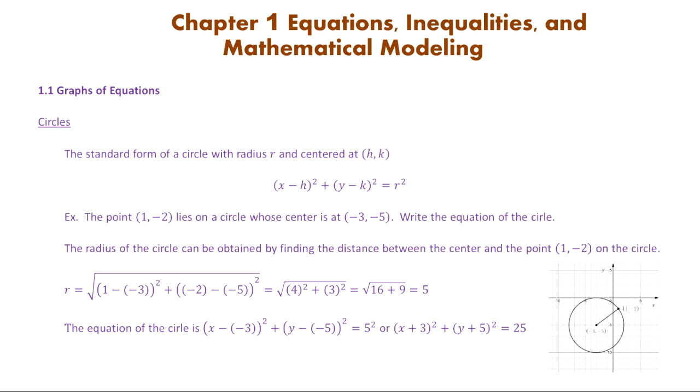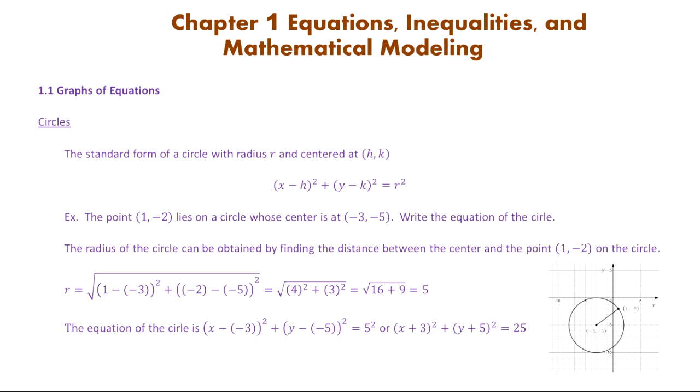So you plug in those numbers, you get 1 minus -3 squared plus -2 minus -5 squared. So 1 minus -3, you get 4. 4 squared is 16, and -2 minus -5 is just 3, that's -2 plus 5. So 3 squared equals 9. So 16 plus 9, that's 25. Take the square root, we get 5.